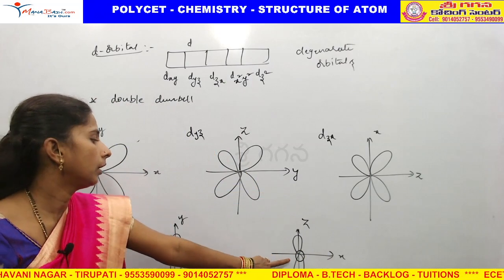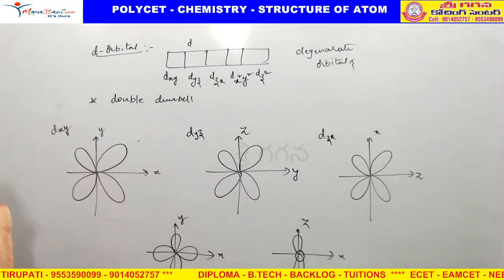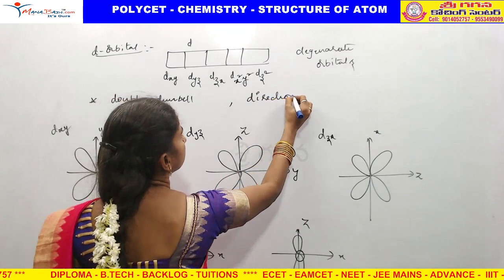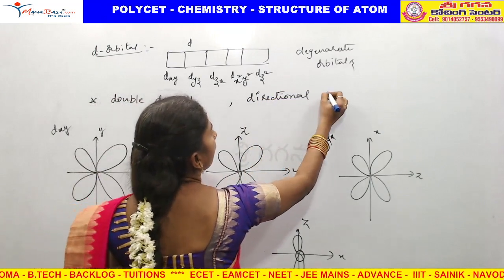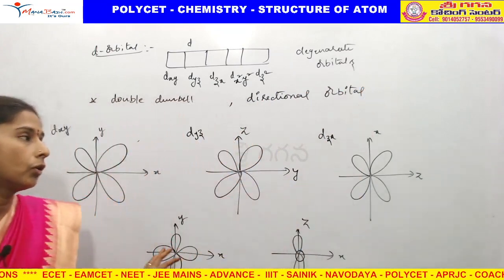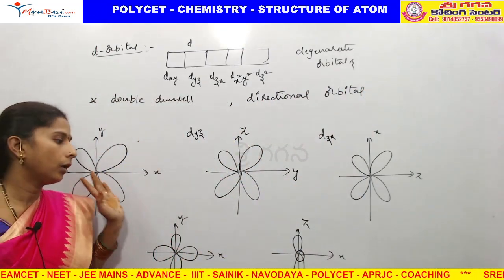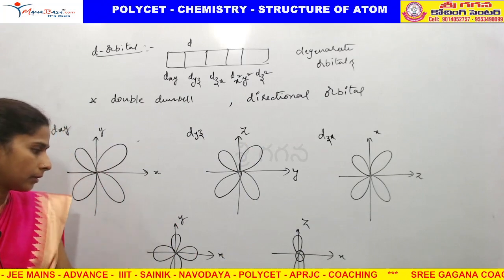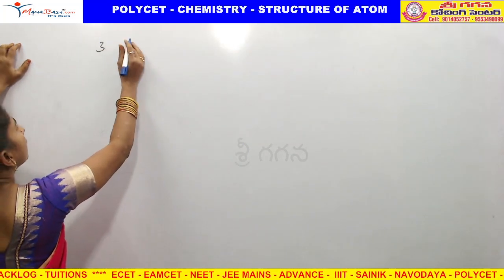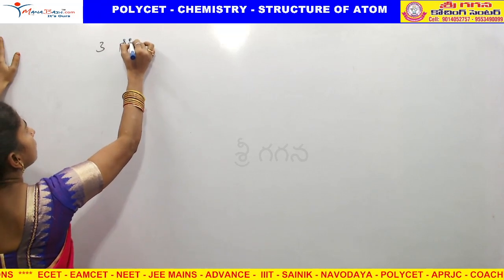This is also a directional orbital. So this is about the shapes of the s, p, d orbitals. I hope you understand. After that, 3 important principles are there.